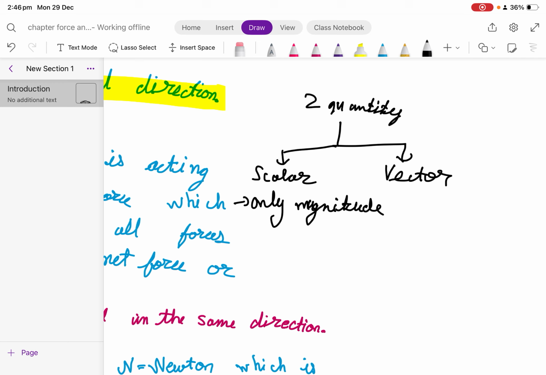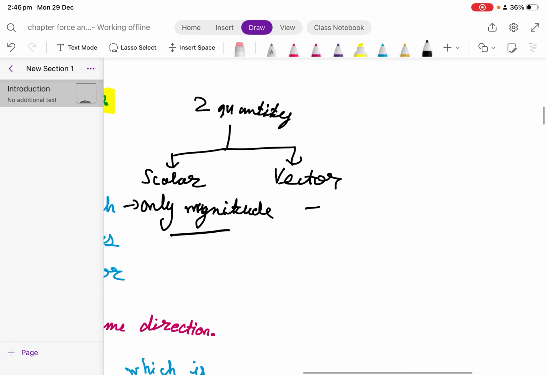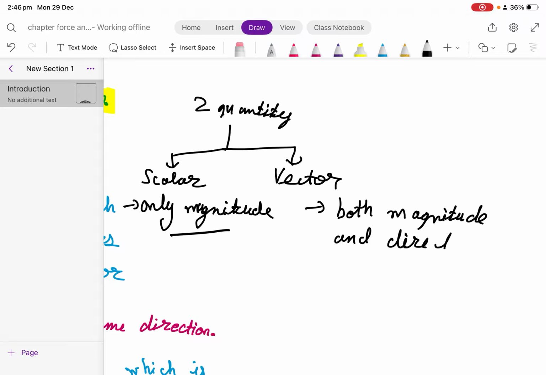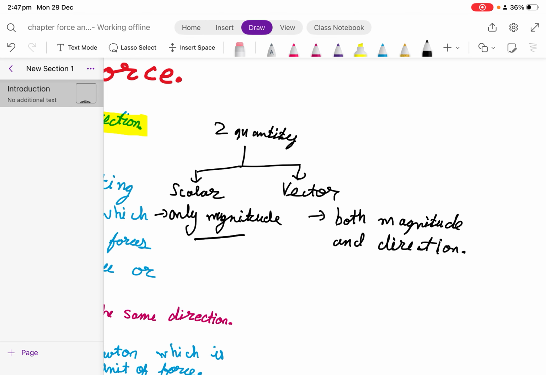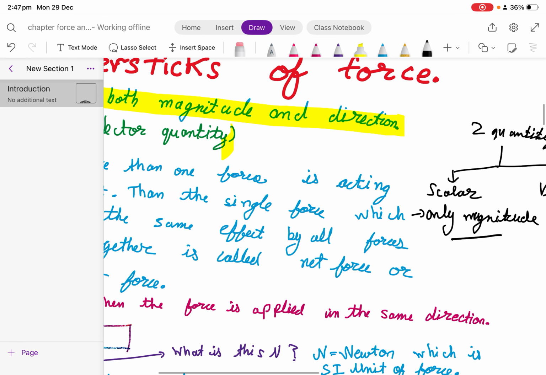That means it only has numbers, no direction. And the vector is one which has both magnitude and direction. Yep, that does not come in class 8, but you will be studying this in your higher classes. If you want to note this, you can note it, or otherwise it's not in your class 8 syllabus.